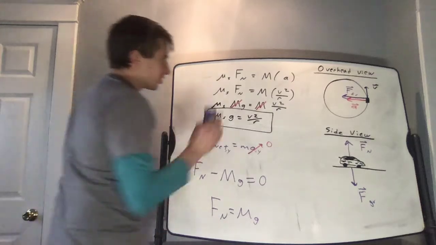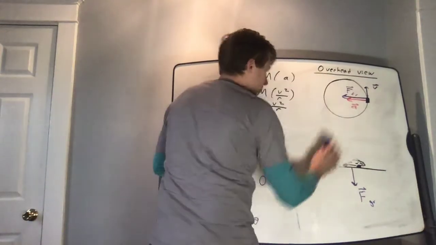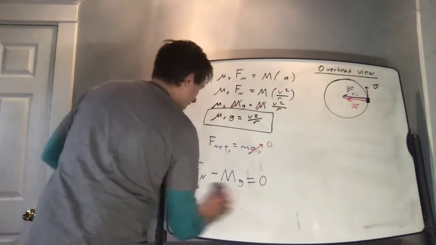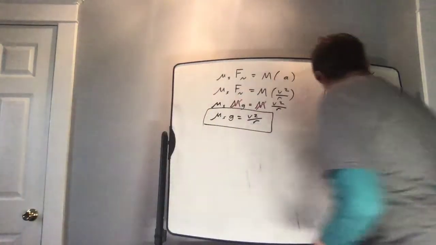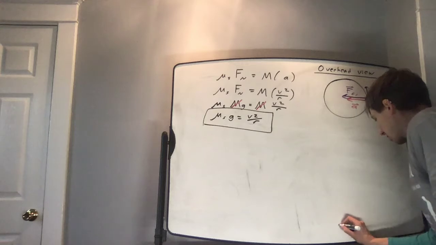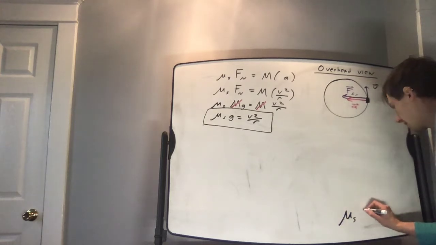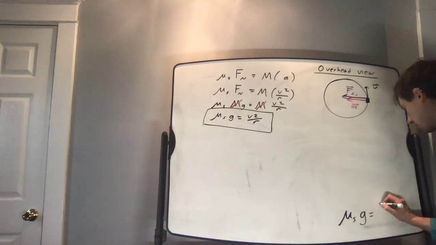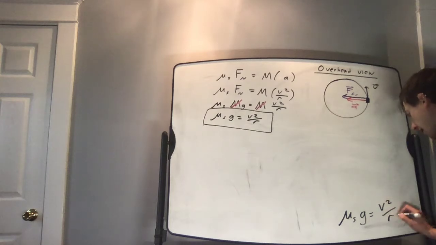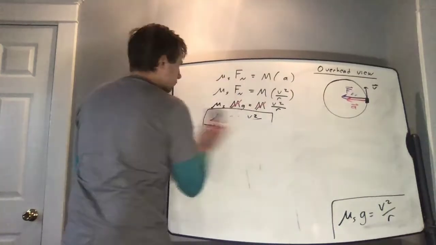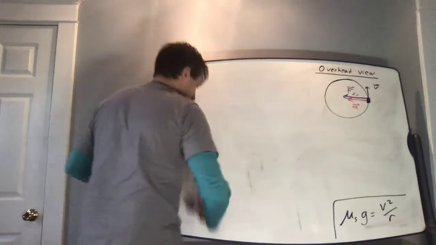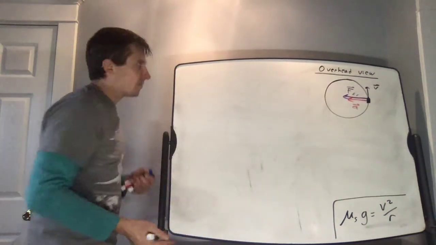So I am going to keep this overhead picture here. I am going to keep this equation, I'll just write it off to the side. So I have coefficient of static friction times G equals V squared over R. Now, if I want to draw a picture of the dice, what would we see?